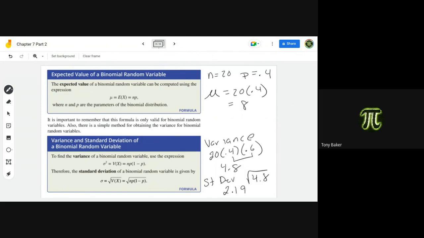So those should all be able to be done. You shouldn't need a calculator for those. They're pretty straightforward, pretty simple to do. It's one of the reasons why binomial distributions are really nice.